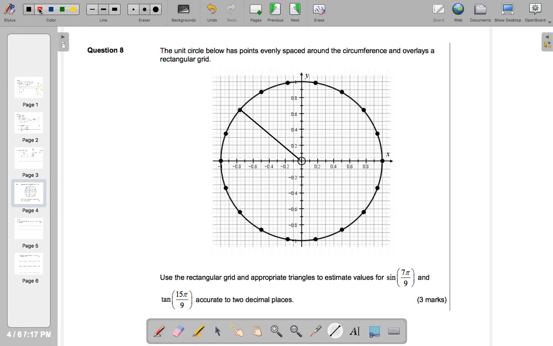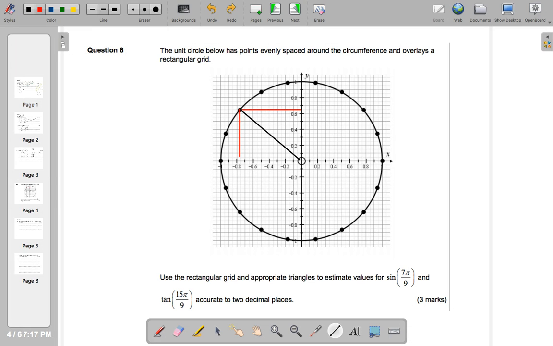Now remember the sine value for that is that horizontal component. If we read down to see what that horizontal component is, we'll draw a straight line down there. That's not very straight, just don't do that.